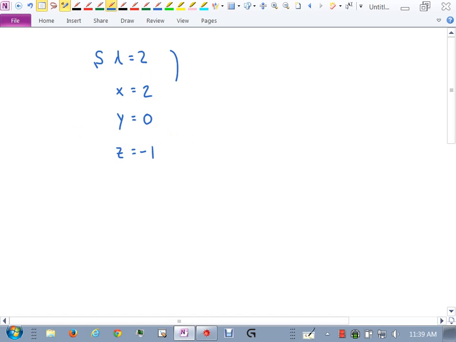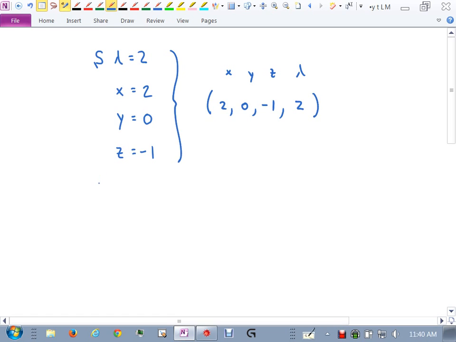So here's what I get from this. I'm going to write out x, y, z, lambda. It'll be 2, 0, negative 1, and then lambda is 2. What do I need to do now?